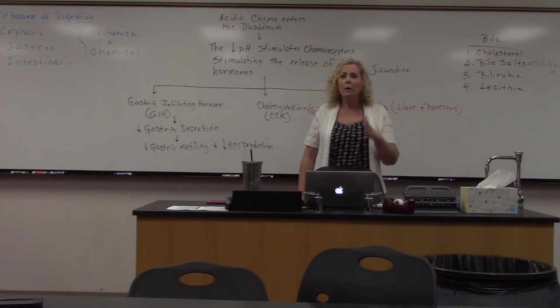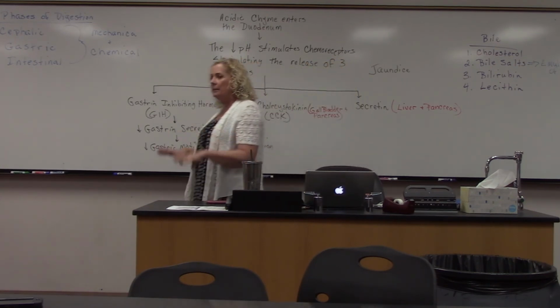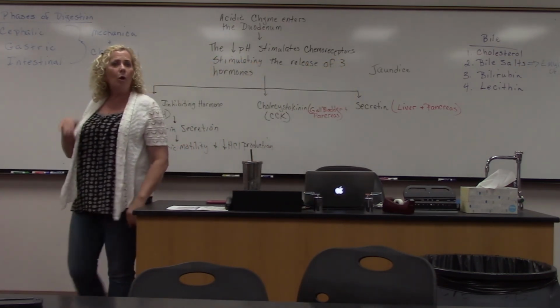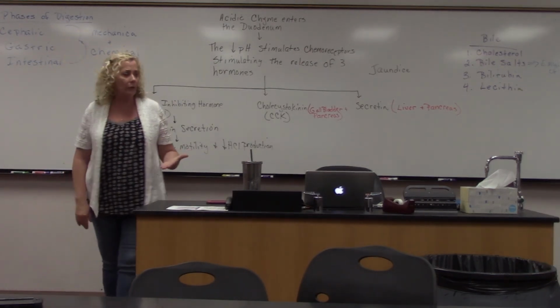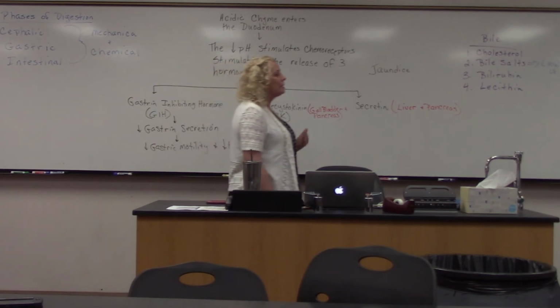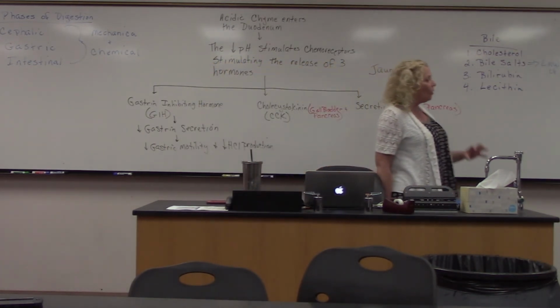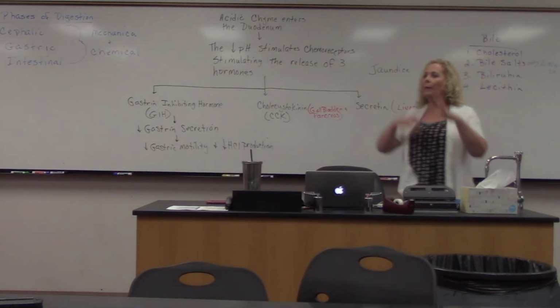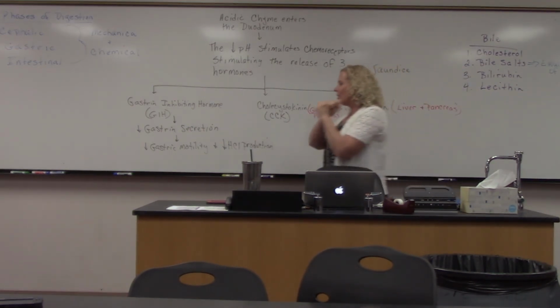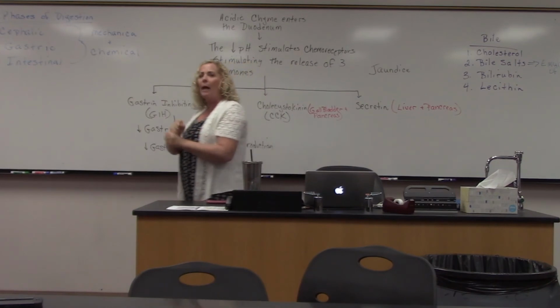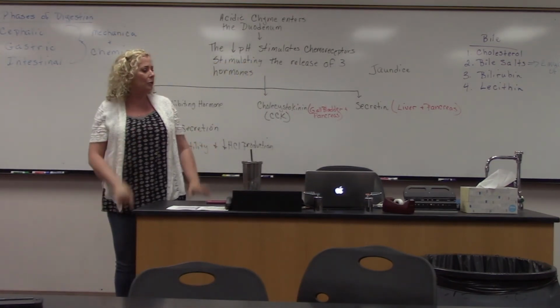Okay, so now, cholecystokinin and secretin. We know cholecystokinin affects the gallbladder, secretin affects the liver. What cholecystokinin is going to do is it's the hormone that tells the gallbladder when to squeeze. It stimulates contraction in the gallbladder so that the gallbladder can release the bile into the duodenum.